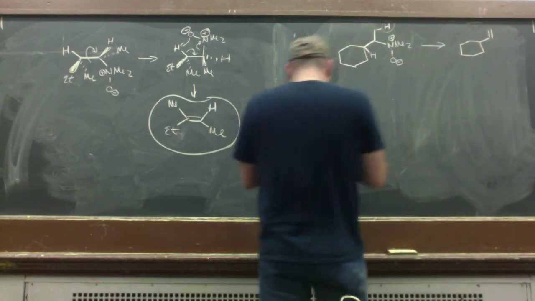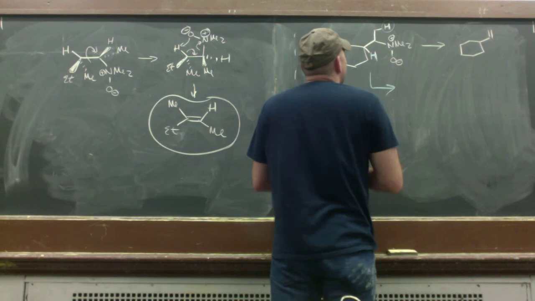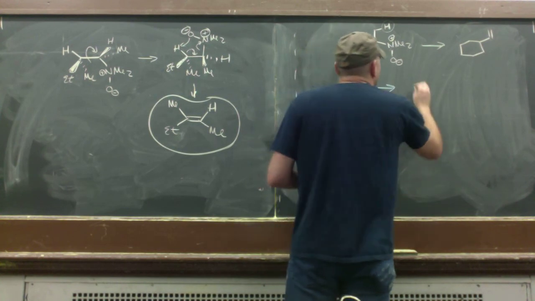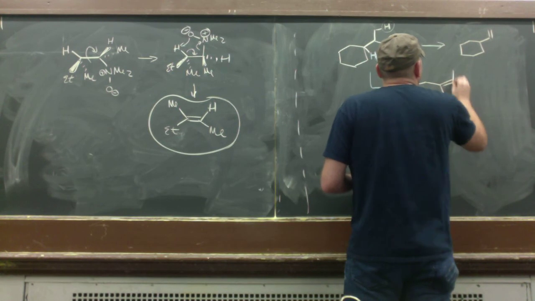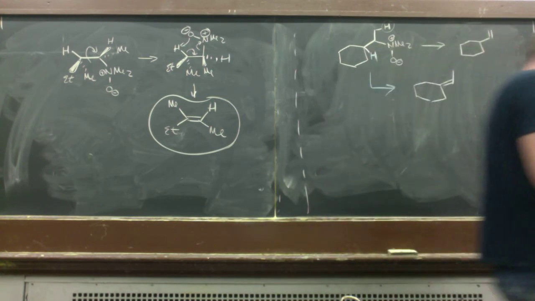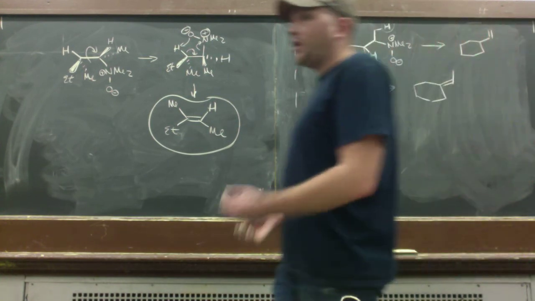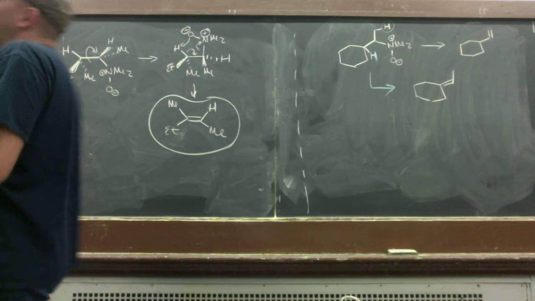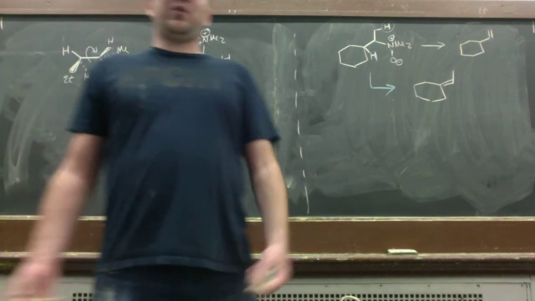In the case of the other proton, which we can show in blue, right, we'll get the internal alkene. Okay, and in this case, it turns out that there's not as dramatic of a stereoselectivity. I would think for your sake, if you were to predict one, which one might you predict?